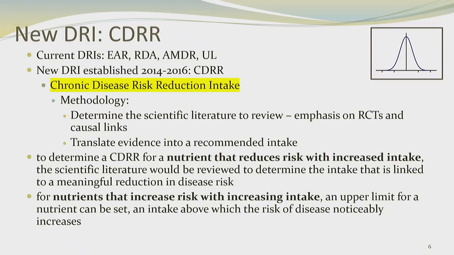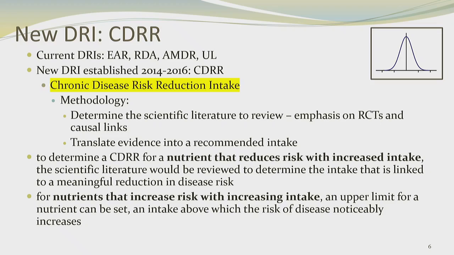Especially, we're focusing on RCTs because we can establish causal links with that. Very often the quantitative evidence, or the numbers that we get from these RCTs, will then be translated into a recommended intake when there's enough suitable data available.